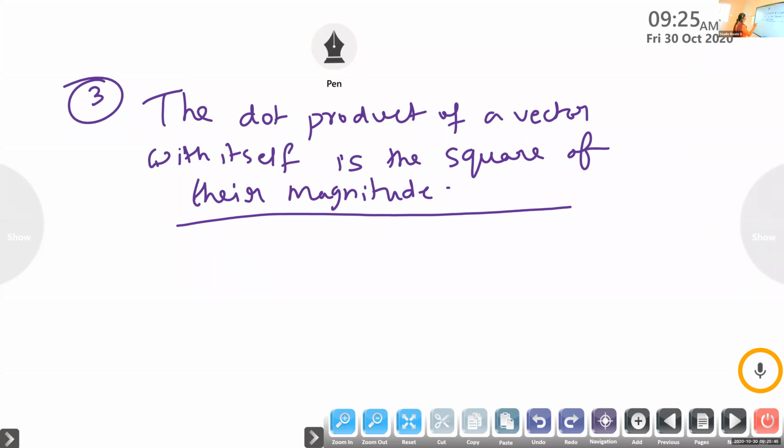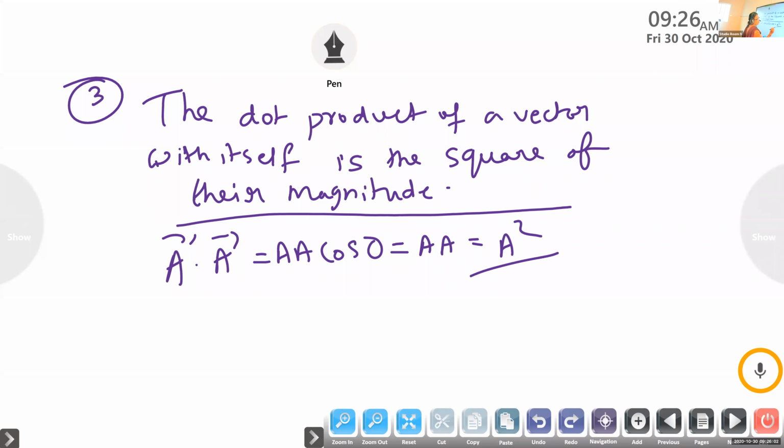That means A dot A. Both are in the same direction, so it is AA cos 0, parallel. So you will get AA, then it is A square. That is the meaning of this sentence.